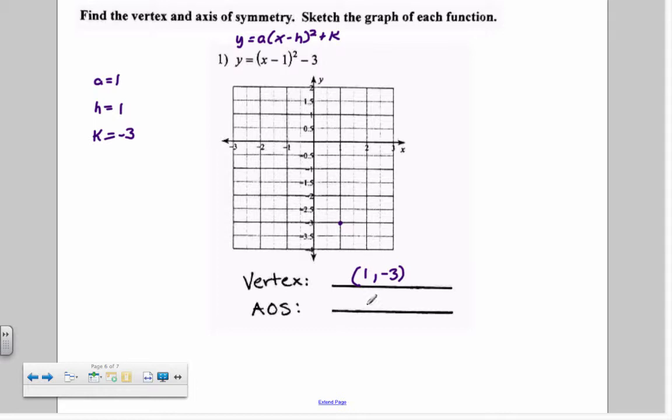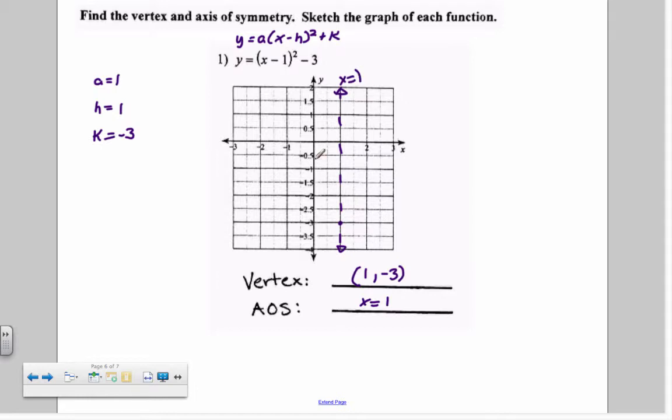Since I know my vertex, my axis of symmetry is just the x of that vertex, so it's x equals 1. The axis of symmetry is the line that goes through the vertex, the vertical line. So this is the line x equals 1.